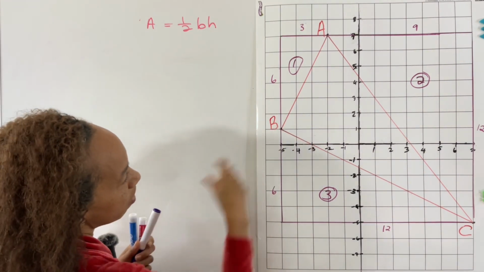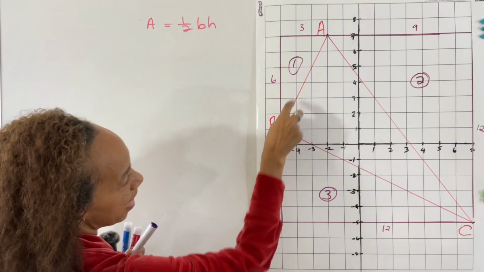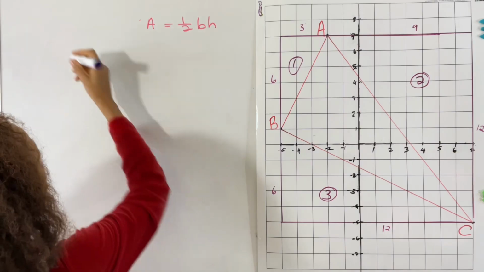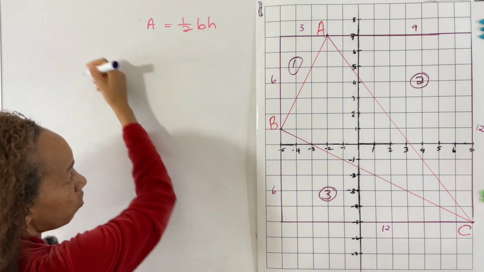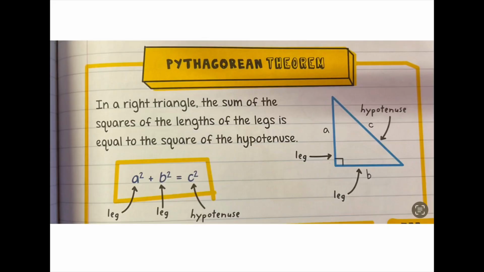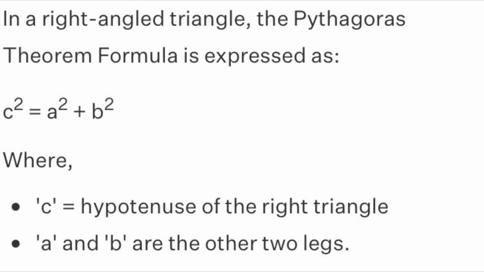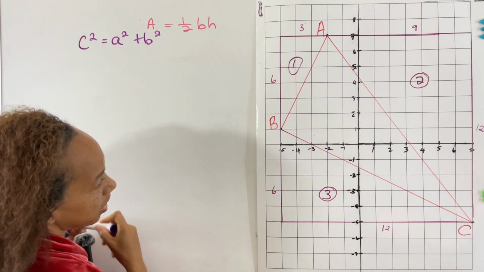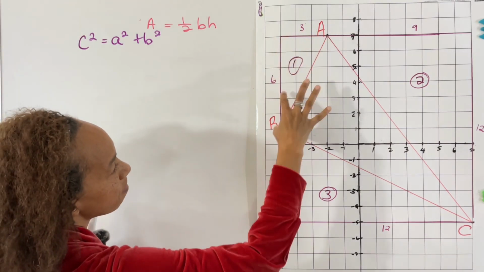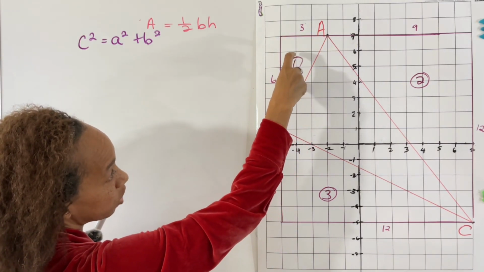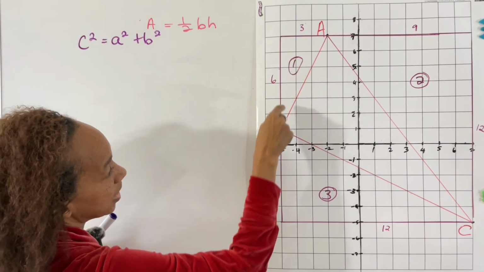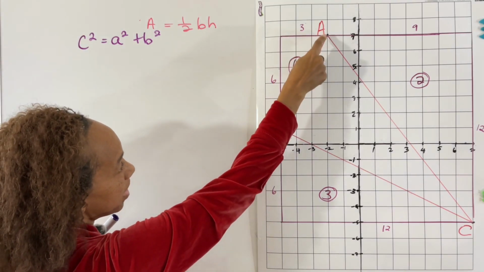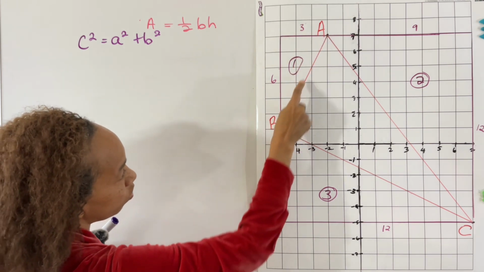We have here leg, we can call this leg 1, and then this would be leg 3. So for leg 1, using the Pythagorean theorem formula, which is c squared equals a squared plus b squared, we're going to find the length here. We notice in this situation, because we have this triangle right here, which is triangle 1, we can say that this is one leg, this is the other leg, and this is the hypotenuse, which would be AB.